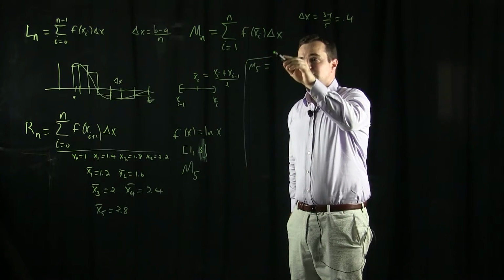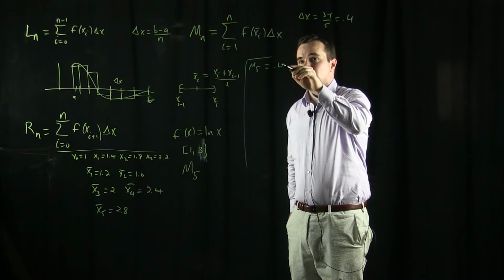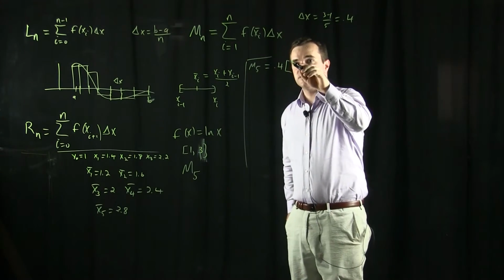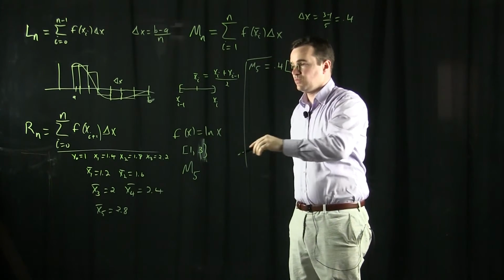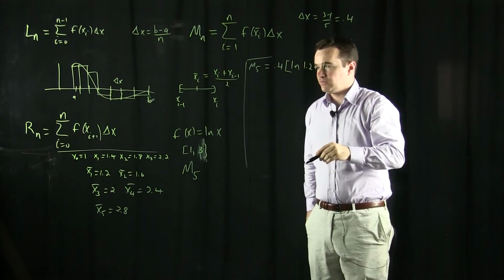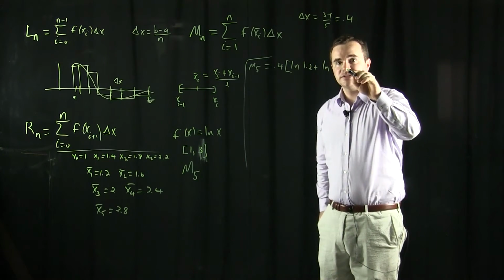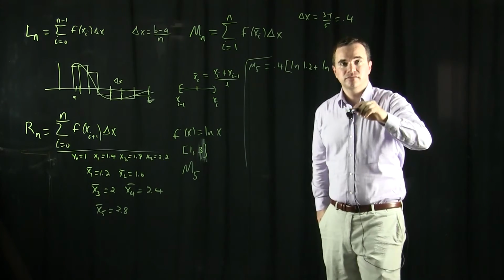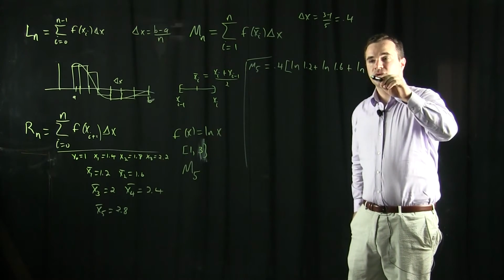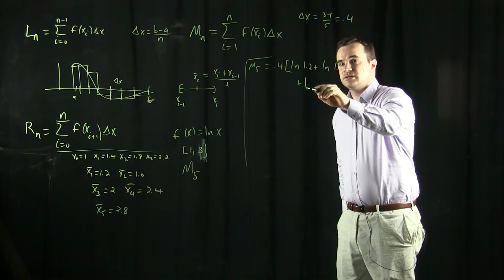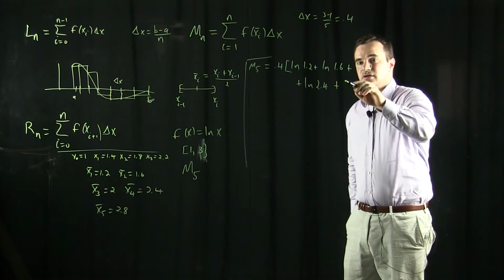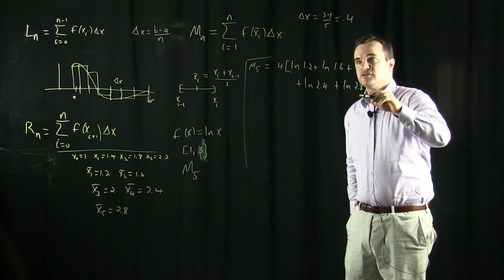So when I finally do all of that, I have to multiply by delta x, the common width. I have 0.4 times natural log of 1.2 plus natural log of 1.6 plus natural log of 2 plus natural log of 2.4 plus natural log of 2.8.